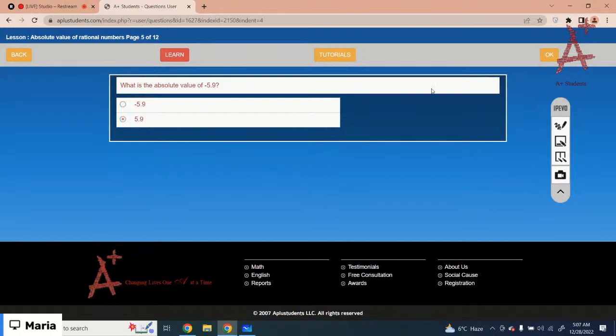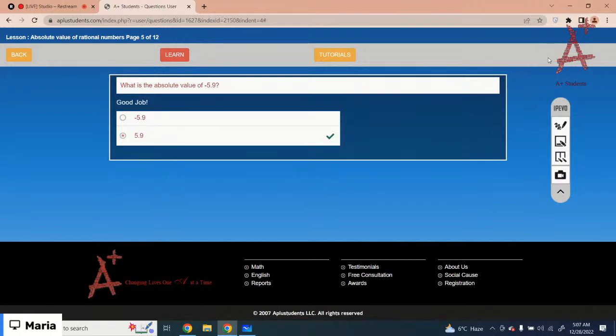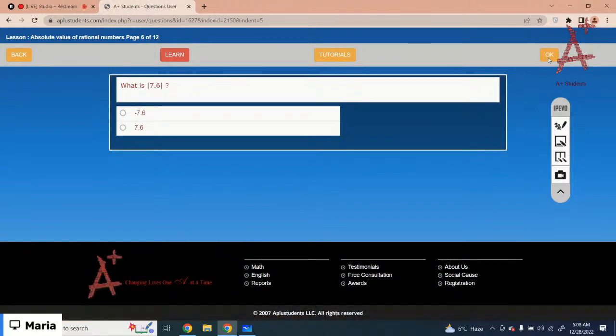So just select the correct option, then click on the OK button. Okay, the next one is, what is the absolute value of 7.6? 7.6 is already a positive number. So the absolute value of 7.6 is 7.6. The second option is the correct one.